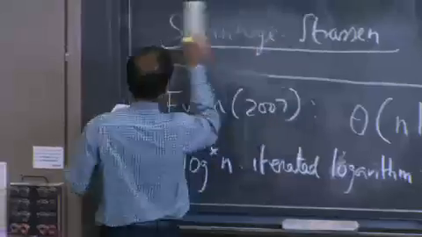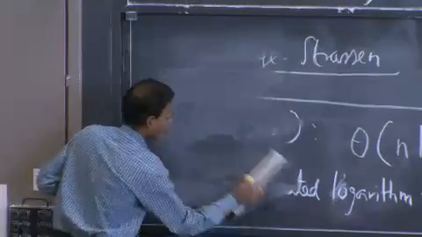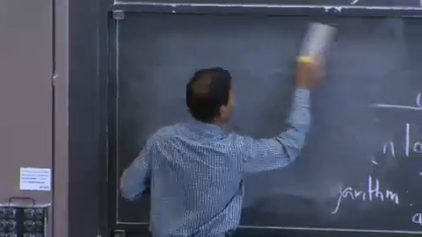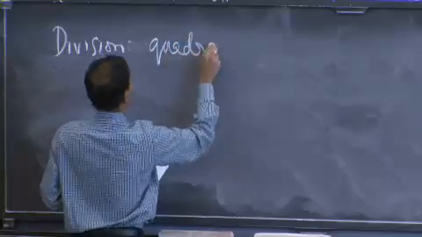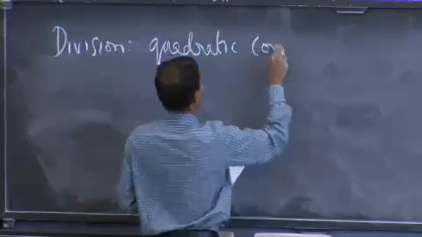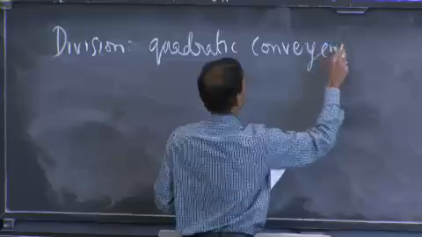I want to talk about complexity. And I promised that there was a subtlety associated with the complexity of division in relation to multiplication. But let me just write down what I just told you with respect to the number of iterations that division requires. So division: quadratic convergence.